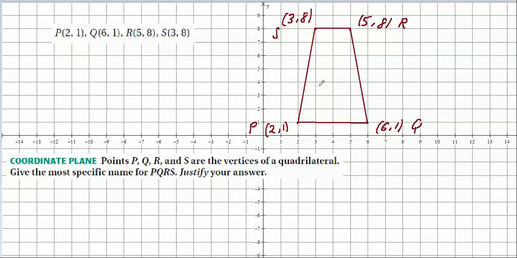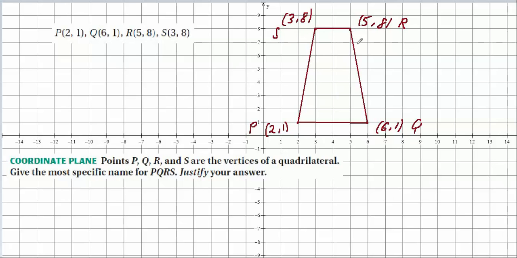Okay. Now, if these two sides were equal, we would definitely have... Oh, and there's one other thing we could take a look at, which is also real simple. The length of this goes from 3 to 5. That's 2. The length of this goes from 2 to 6. That's 4. So these are definitely parallel opposite sides and not congruent.